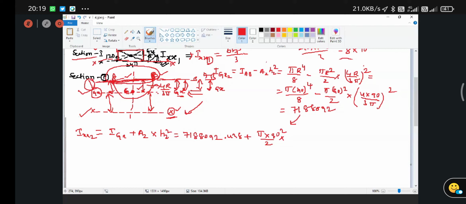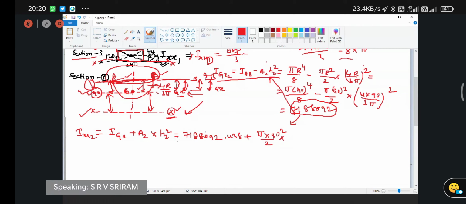From this I got the central axis value as 7 crores 18 lakhs 8,092 mm⁴ from this formula IGX.